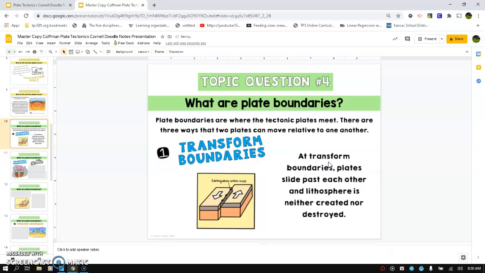At transform boundaries, plates slide past each other and the lithosphere is neither created nor destroyed. Remember, that's the crust. What that means, I'll let you have time to type.